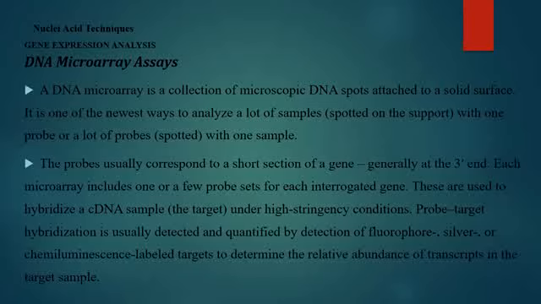These are used to hybridize to a cDNA sample, which is the target, under high stringency conditions. The probe-target hybridization is usually detected and quantified by detection of the fluorophore, that's silver, or chemiluminescence labeled targets to determine the relative abundance of transcripts in that target sample.